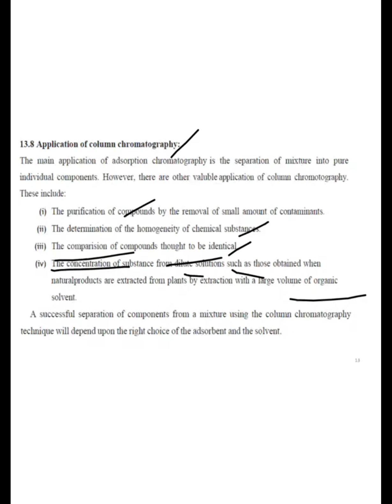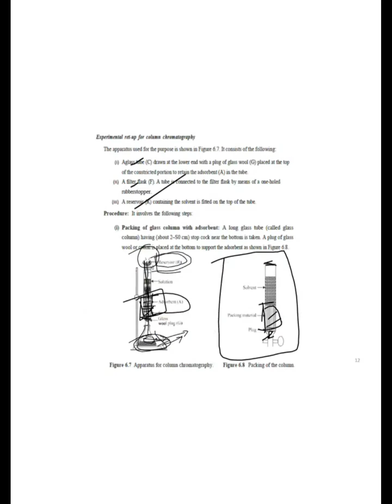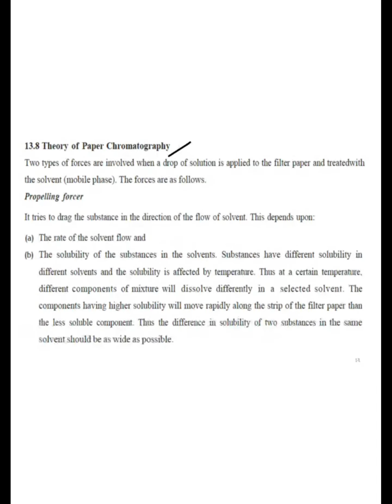In column chromatography, whatever mobile phase is added moves downwards, right? In paper chromatography, the separation of the solutes moves upwards. That is known as the type of paper chromatography.